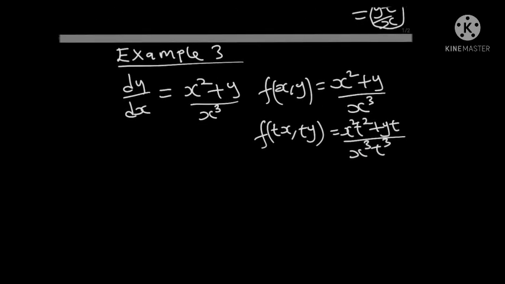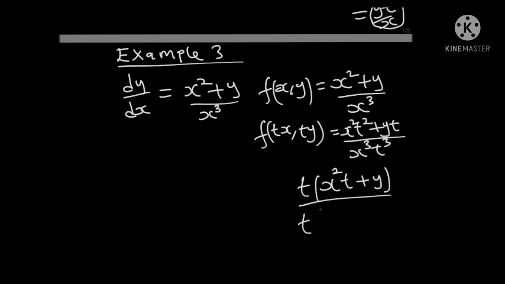Now, we can factor out t. So we have t into x squared t plus y over t into x cubed t squared. This one is supposed to be x cubed.